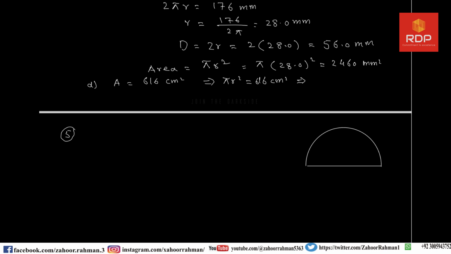So this means that r square is equal to 616 divided by pi, and taking the square root on both sides, and when we calculate it we will get the radius as 14.0 centimeter.